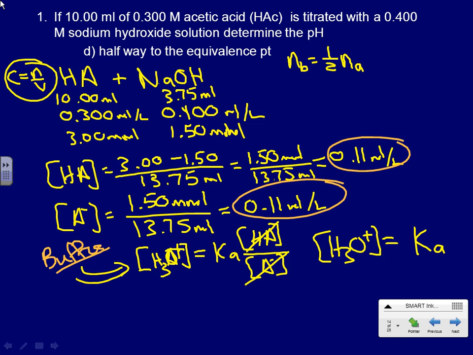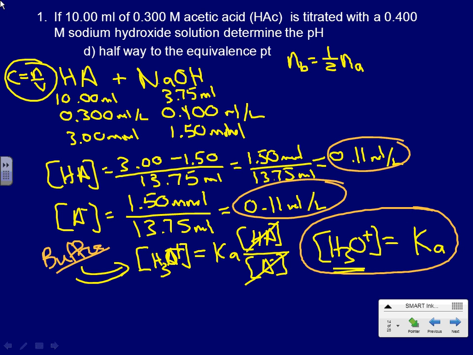This is very important. At the halfway point to the equivalence point, we can actually use this equation to determine the Ka of an acid. So we could do a titration, not know what the acid is, find halfway to the equivalence point, determine the pH at that halfway point, and ultimately get the Ka.